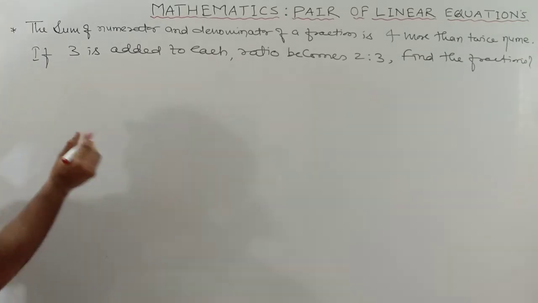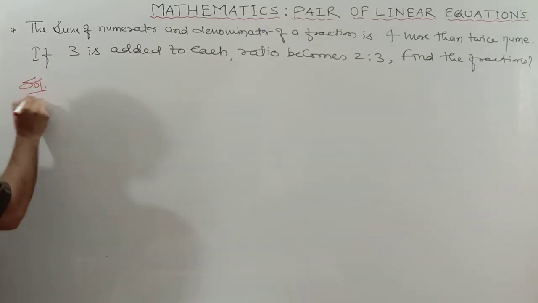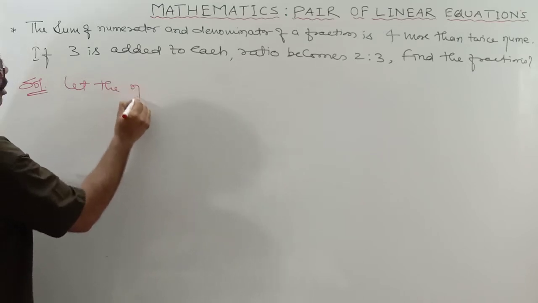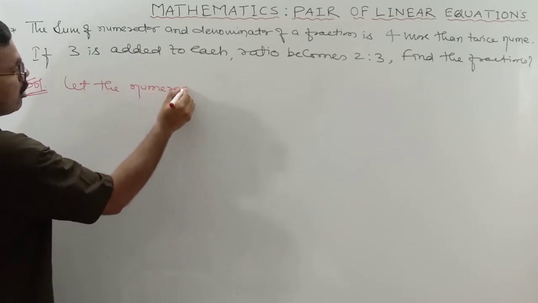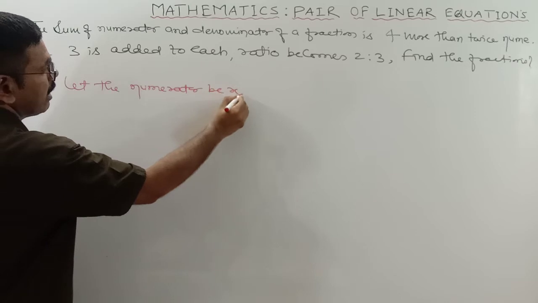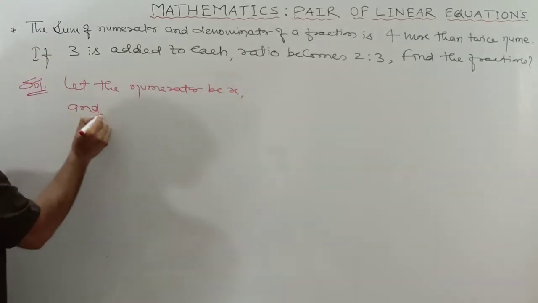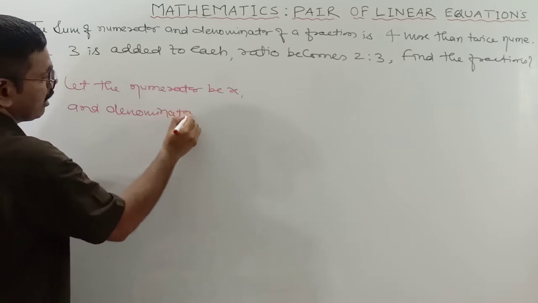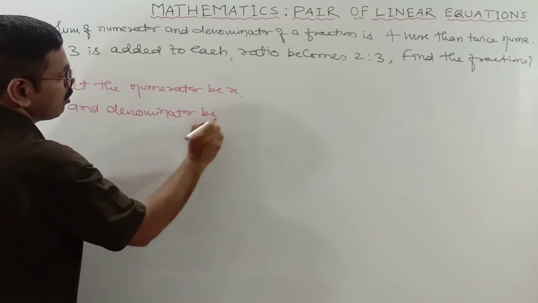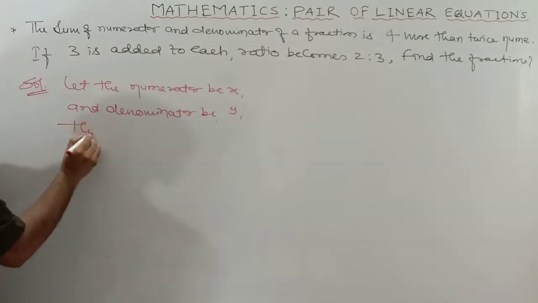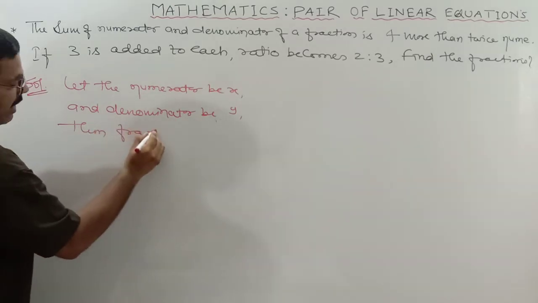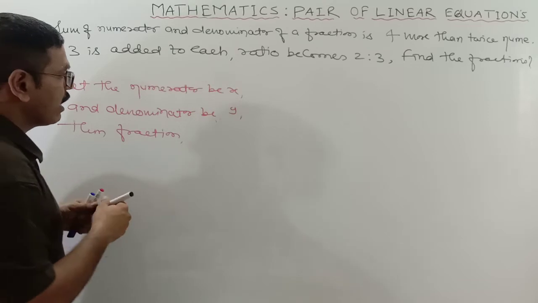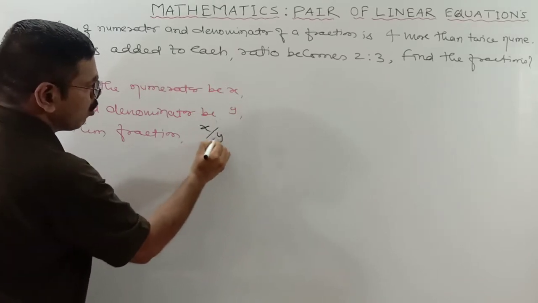How to solve? Definitely we'll start with the assumption. Let the numerator be x and the denominator be y, then the fraction will be x upon y.